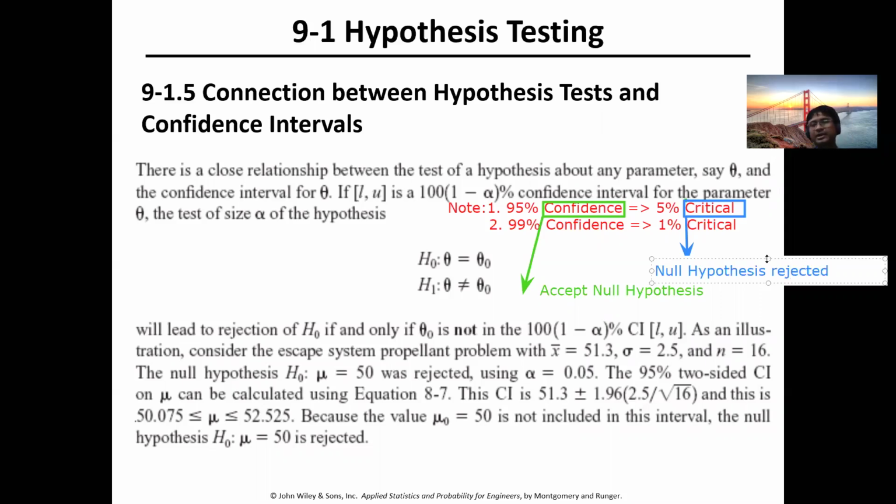That's why they come in the opposite manner: confidence claims it is accepted, and critical claims just the opposite, that it is rejected. This is the connection between confidence level and hypothesis testing. So today up to this part. Next class we want to continue further.